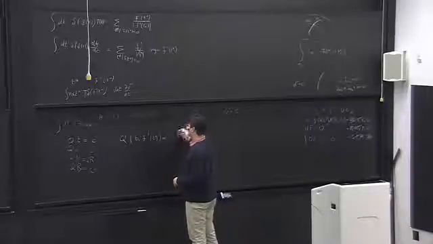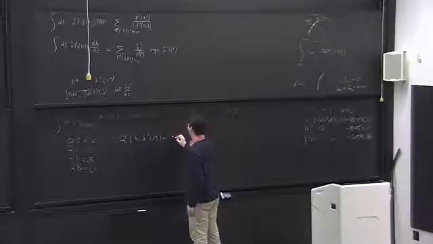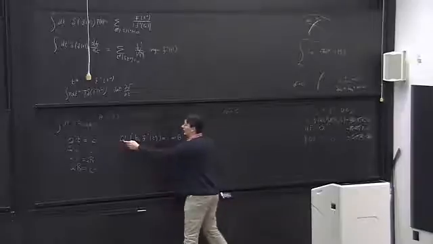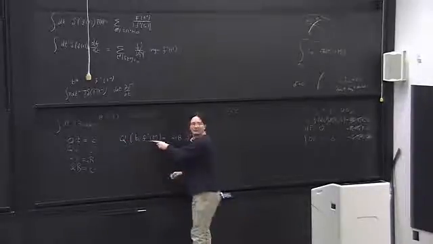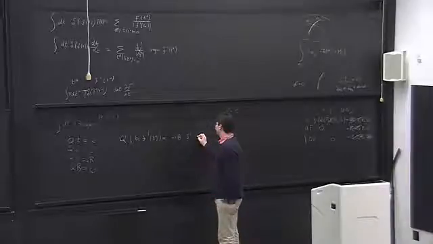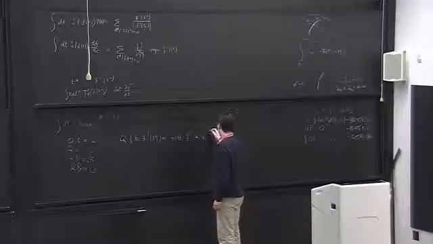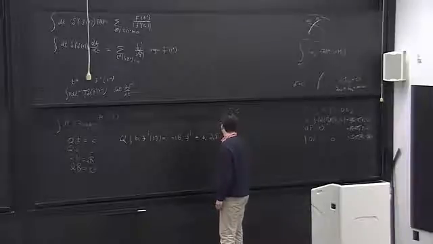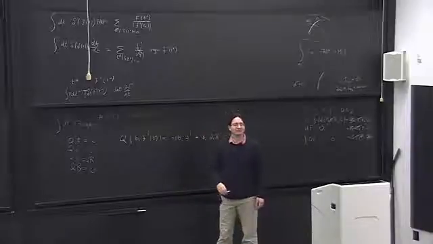So you can act on B, or you can carry Q across B, pick up a minus sign, and act on F. This gives you minus B_i dA of F_i C^A, which is exactly the action we had here.